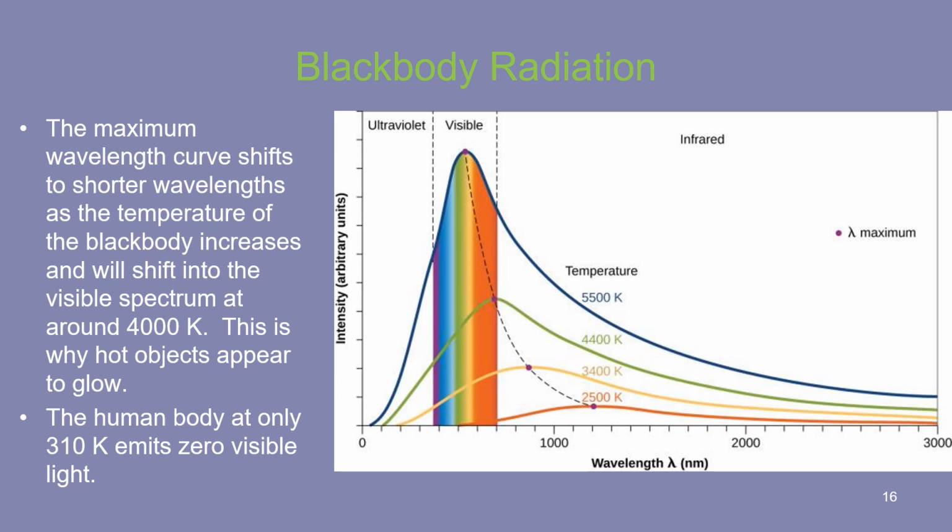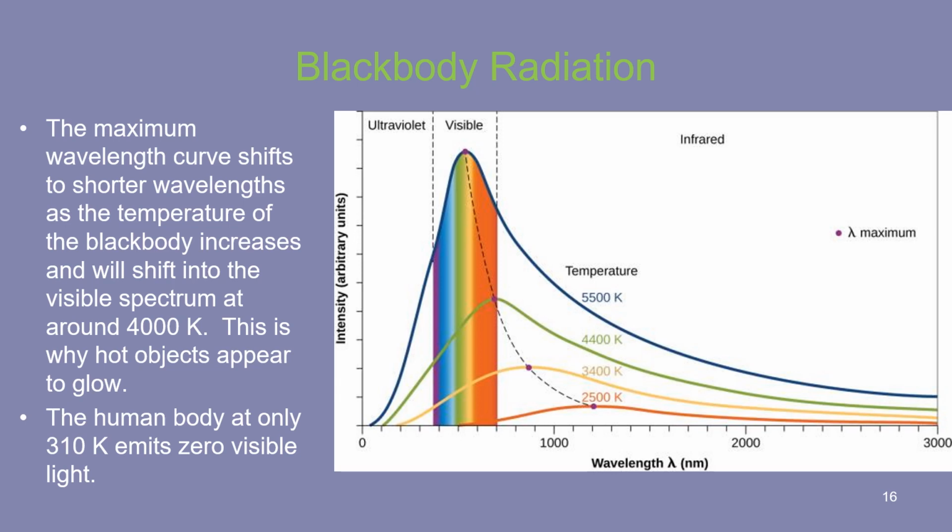The maximum wavelength at 2500 is up here around 1400 nanometers. At 3400 the maximum shifts. At 4400 it shifts again, and it's just starting to get into the visible wavelength. And at 5500, notice that the maximum is in the center of the visible, so it's got a lot of the visible spectrum.